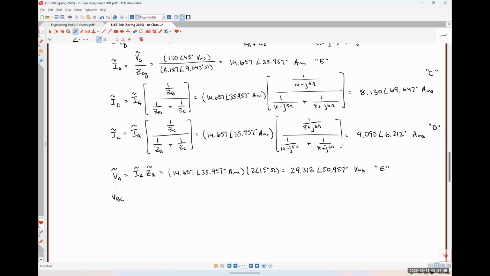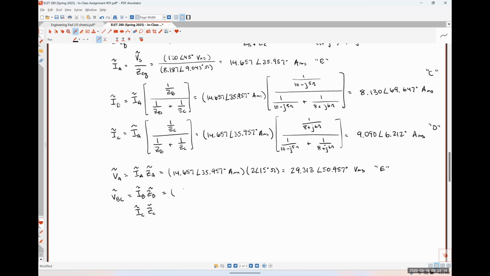And VBC could be IB times ZB, or it could be IC times ZC. Either one of those will give us that voltage because they're in parallel. I'm going to choose to do IB times ZB.